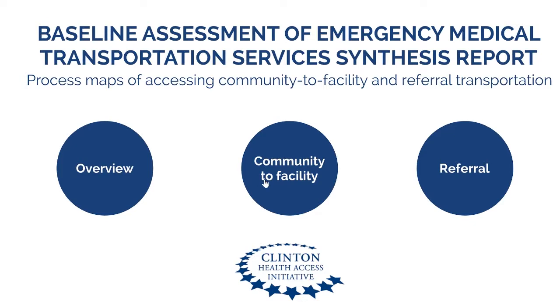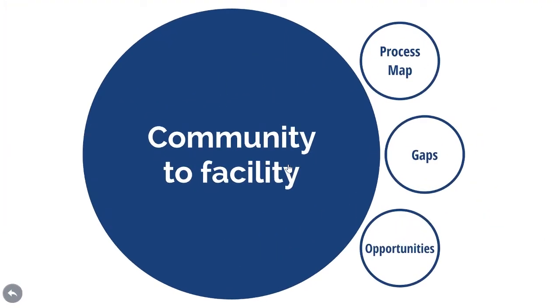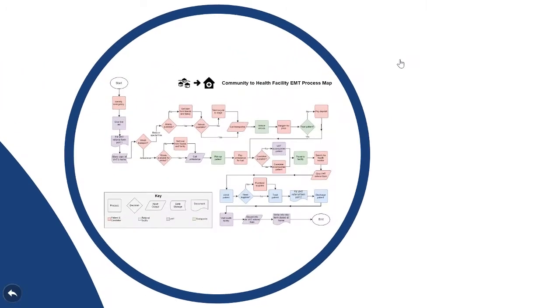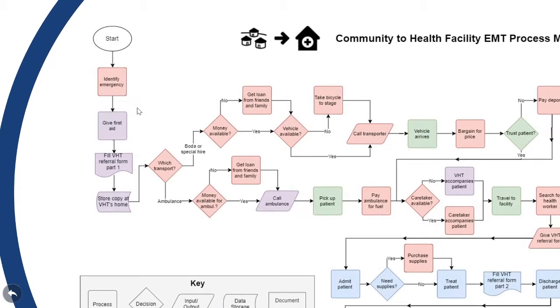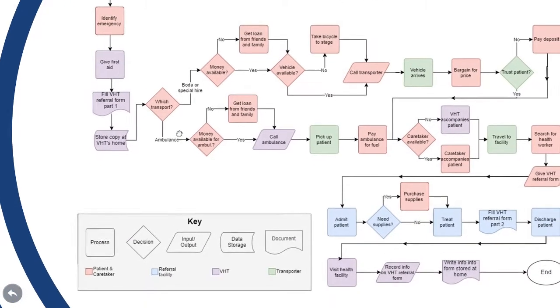So let's start with the community to facility process map. I'm first going to give a tour of the process map, and then I'll outline some of the major gaps and opportunities that we gained from this exercise. Starting with this process map, you see we start here at identifying the emergency.